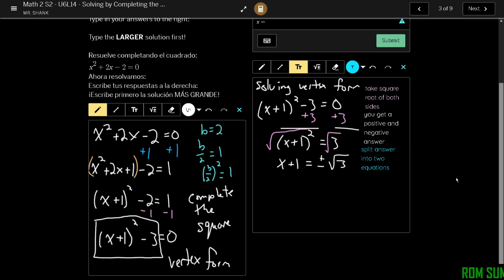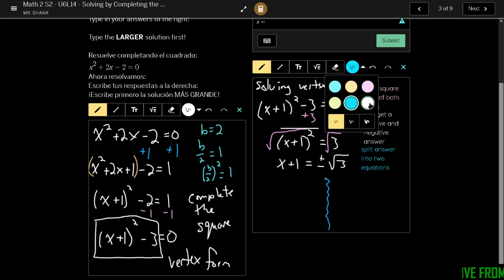So what it looks like is like this. I'm going to split it down the middle and draw a little squiggly line to help break that apart. But I have my two equations. Again, it should be x plus 1 equals, and then we're going to have the positive and the negative side.